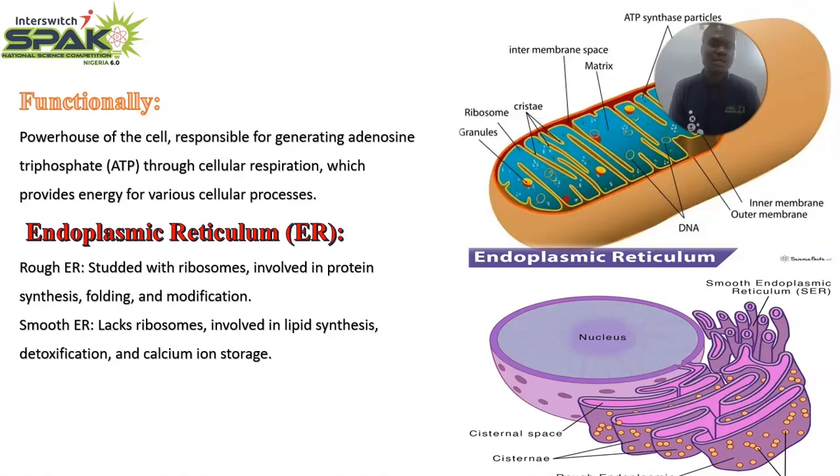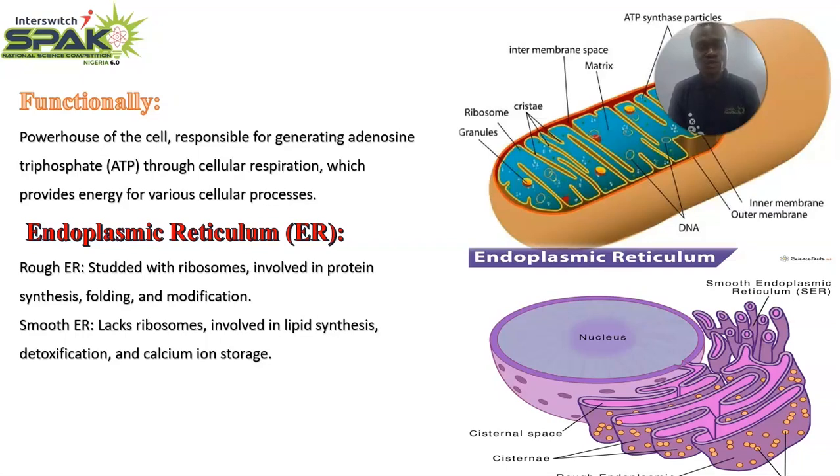Then you have the endoplasmic reticulum, which could be rough or smooth. It is rough when it is studded with ribosomes. It is smooth when it lacks ribosomes. Ribosomes are involved in protein biosynthesis. Since they are attached to the rough endoplasmic reticulum, it functions in protein synthesis, folding, and modification.